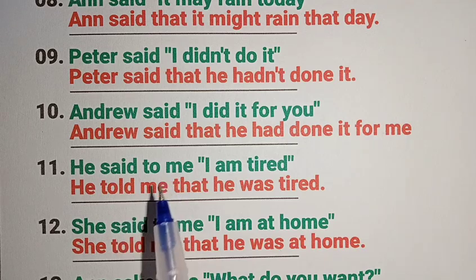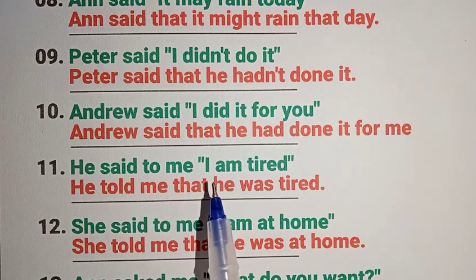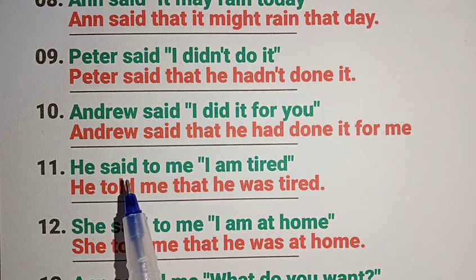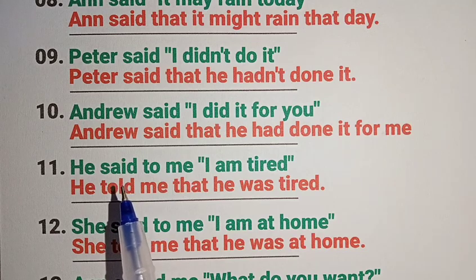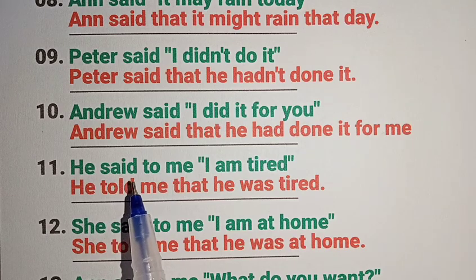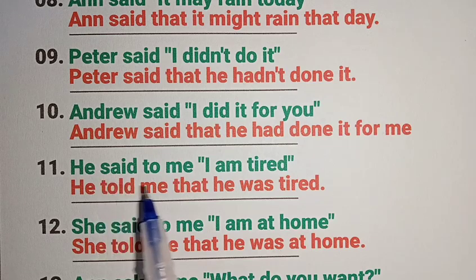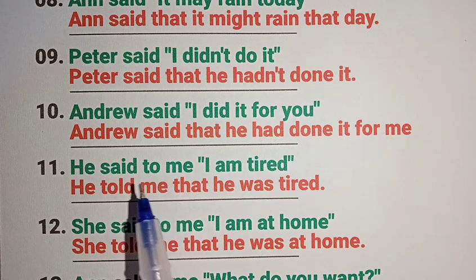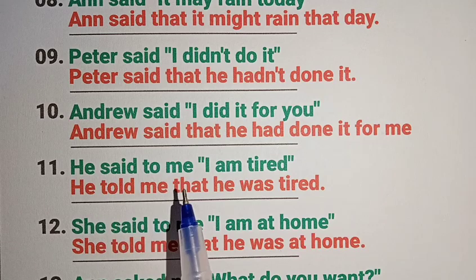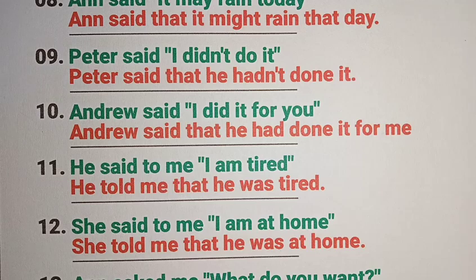So you can understand what happens in reported speech when they have mentioned the first sentence, he said to me. When we report it, we use told, not said to.